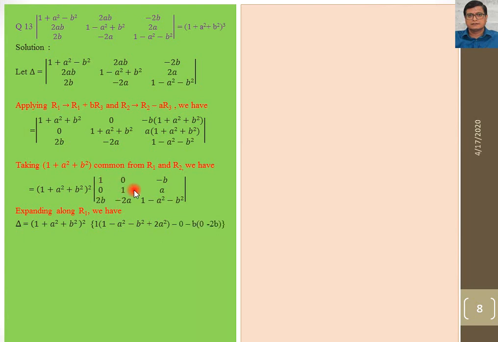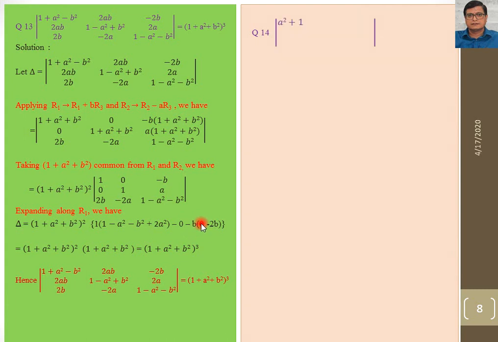So 1 into (1 minus a² minus b² plus 2a²). This element is 0, so 0 is coming here. This element is minus b. 0 into minus 2b, right? So when we simplify this value, we have the required answer.